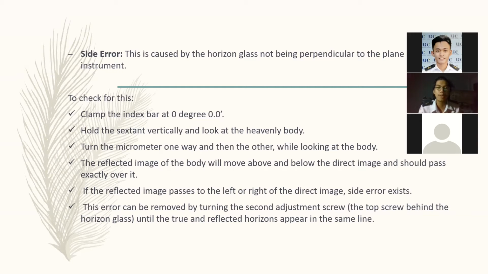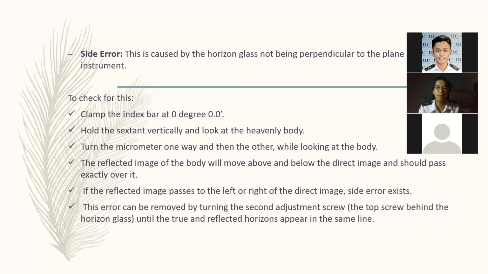First, clamp the index bar at 0 degrees. Hold the sextant vertically and look at the heavenly body. Before, for perpendicularity, it was held horizontally, but this one is held vertically. Turn the micrometer one way and then the other while looking at the body. The reflected image of the body will move above and directly below the image and should pass exactly over it. If the reflected image passes to the left or the right of the direct image, side error exists.